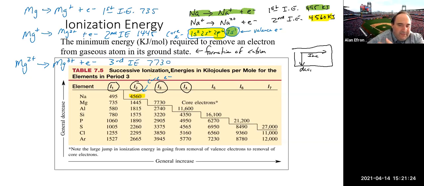Let's take a look at what's happening here. If we look at the electron configuration for magnesium, it is neon 3s2. Those would be the valence electrons, and 1s2, 2s2, 2p6 would be our core electrons.